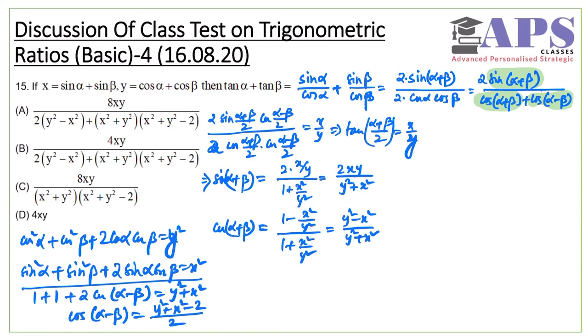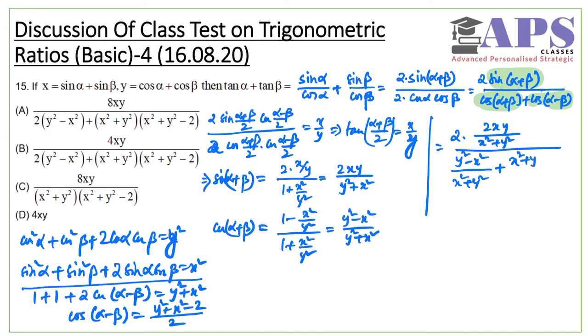So if I put that here, this is equal to 2 times sine of that, that is 2xy by x square plus y square, divided by cos of this, that is y square minus x square by x square plus y square, and plus cos of alpha minus beta, that is x square plus y square minus 2 divided by 2.